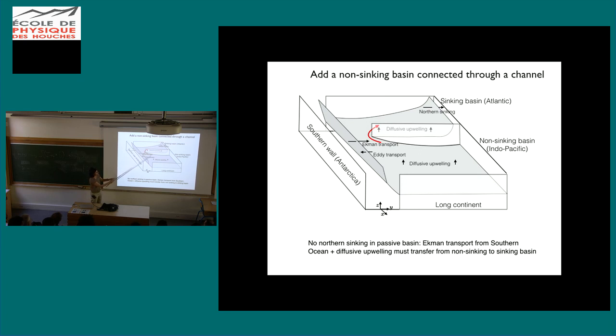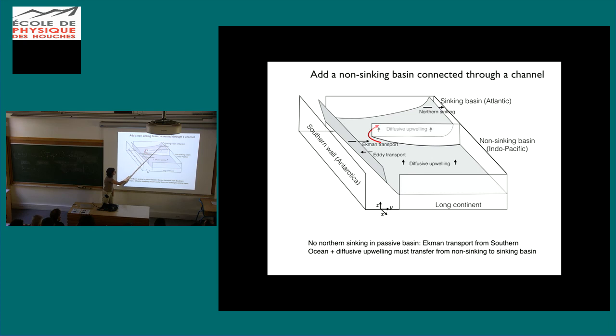Now, when you have two basins, and you have buoyancy input into this region here from both Ekman transport in that sector entering and an upwelling, well, everywhere, right? So you have a net input in this sector of buoyancy, and there's nowhere to go here because this doesn't sink.